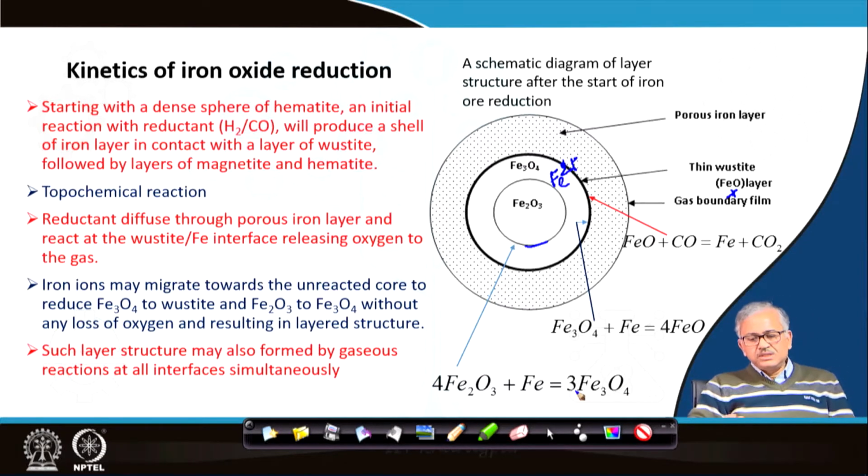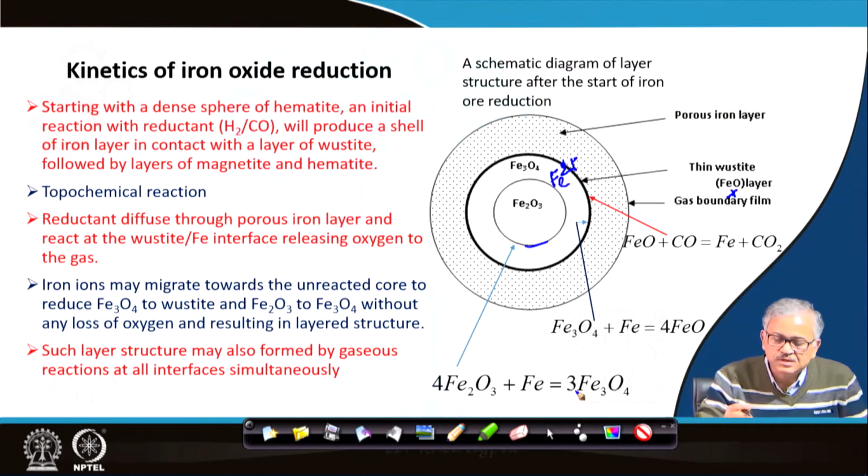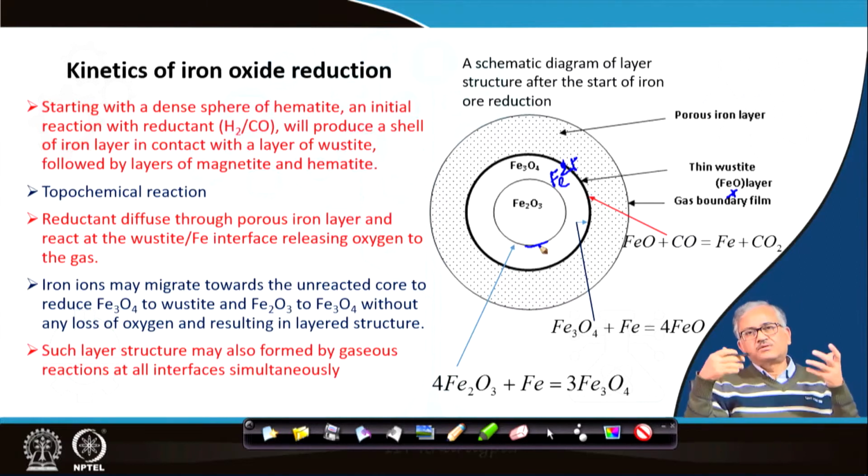Or it may happen also by gaseous reduction, because if they are porous enough, that is, if the Fe3O4 layer is also porous, then gas can also pass through it and react at all interfaces simultaneously.